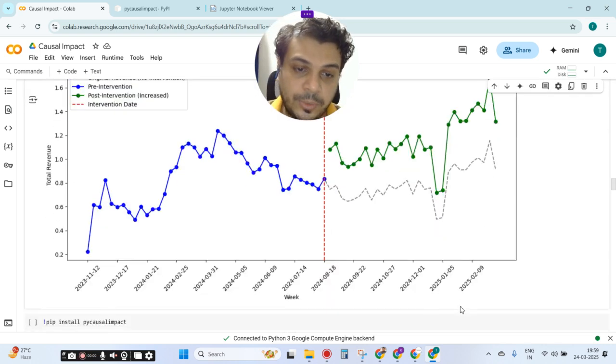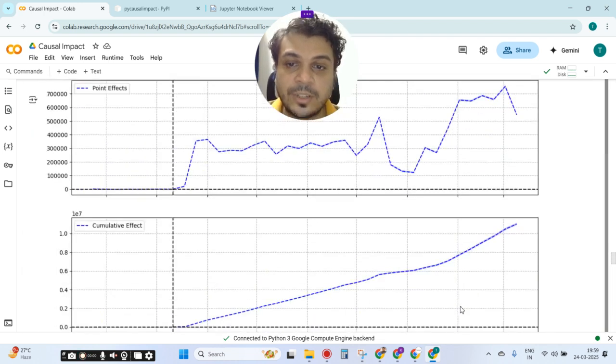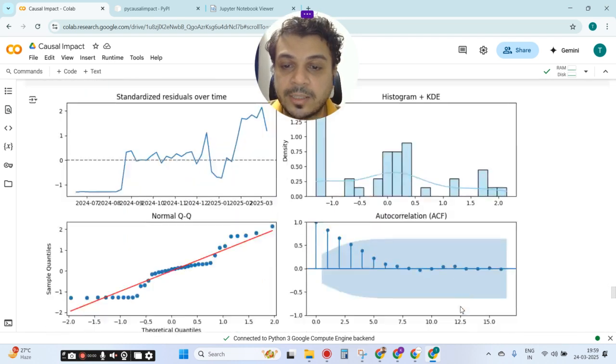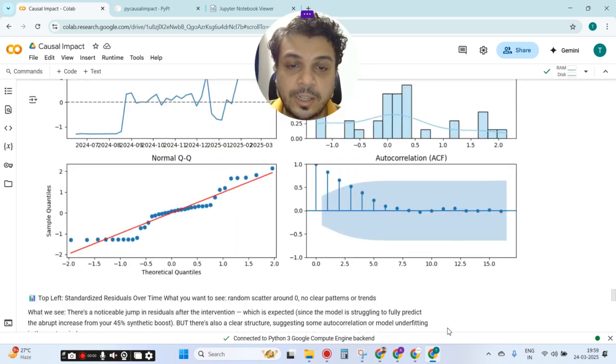So naturally, there's a difference in pattern, a difference in the nature of the data, and that's why the outcome has some sort of uncertainty built in.